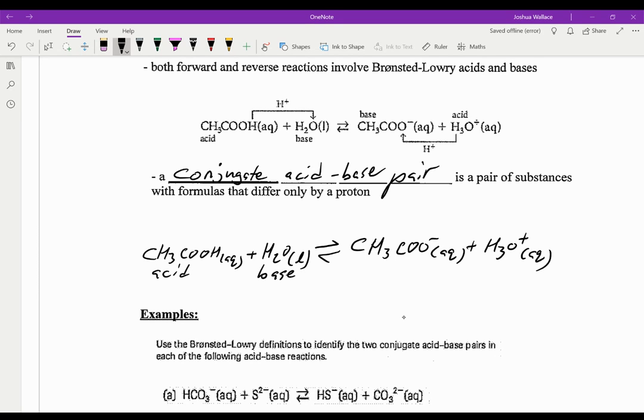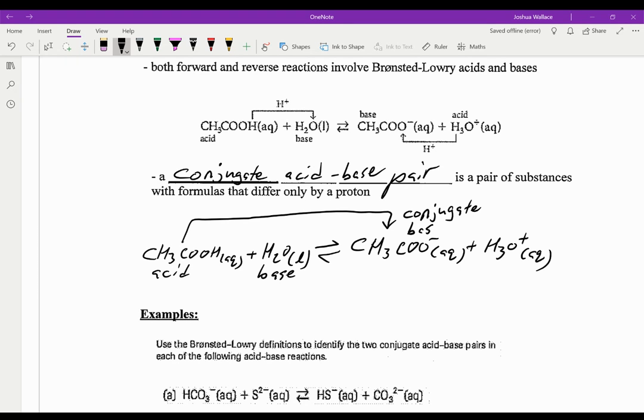So when you're finding your conjugate acid and bases, your conjugate base is what looks like your acid. So CH3COO minus is the conjugate base of our acid, which is CH3COOH.